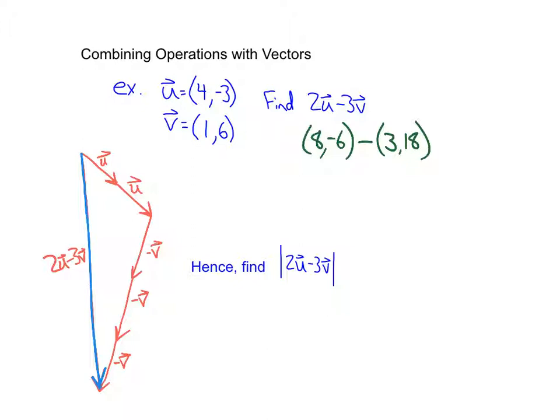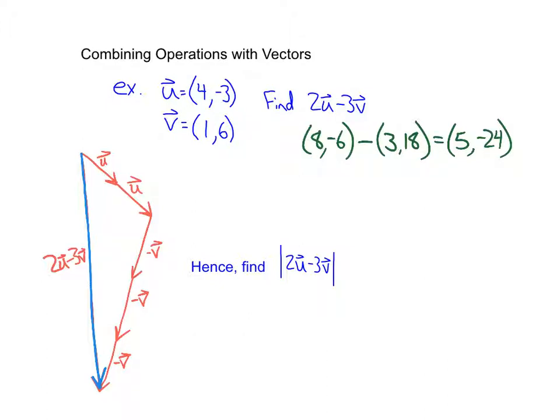So now when we're subtracting, we simply subtract the horizontal components. 8 minus 3 is 5. And then we subtract the vertical components. Negative 6 minus 18 is a negative 24.